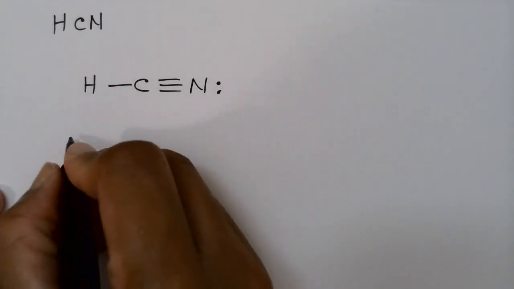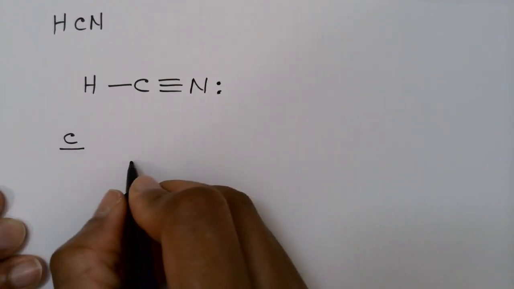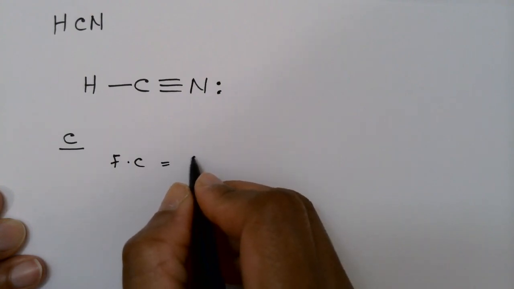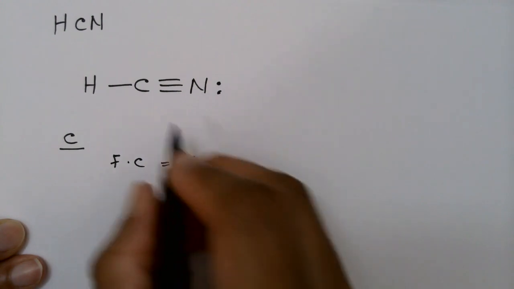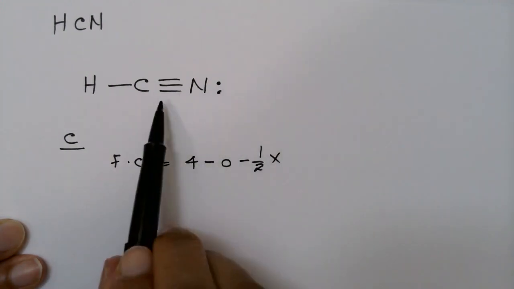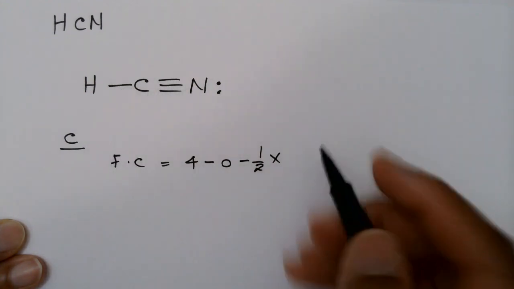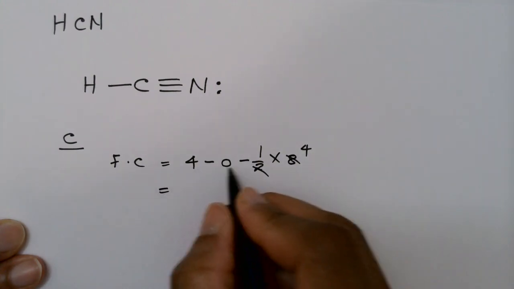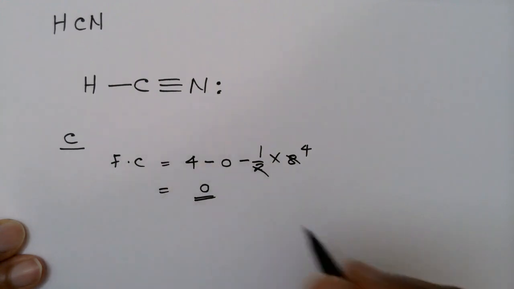So let's first calculate the formal charge on carbon. The valence electrons of carbon is 4, minus the number of lone pair electrons, 0 on carbon, minus half times bonding electrons. So this is a triple bond, 6 electrons, and a single bond 2 electrons. So the total is 8 electrons. So this is 4 minus 0, 4 minus 4, 0. 0 charge on carbon.